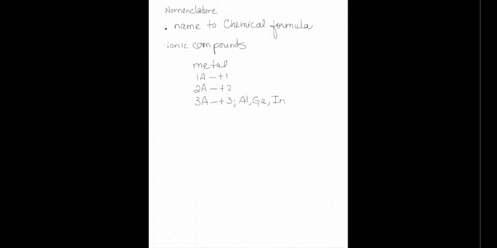Only those three, okay? Now, if your metal is in group B, there are 3 transition metals that only have 1 charge. That is zinc, cadmium, and silver. Let's put it in the chat. What is the charge for zinc and cadmium? They have the same one.